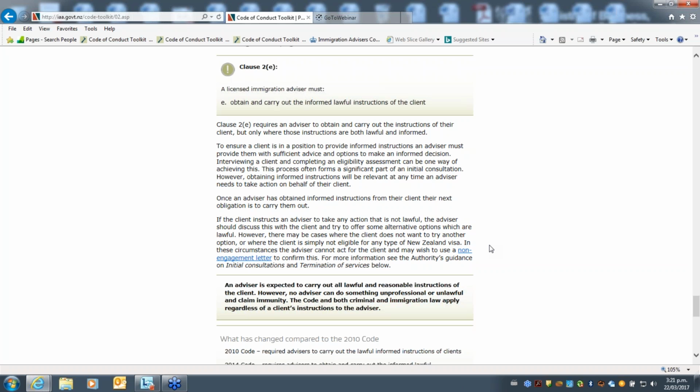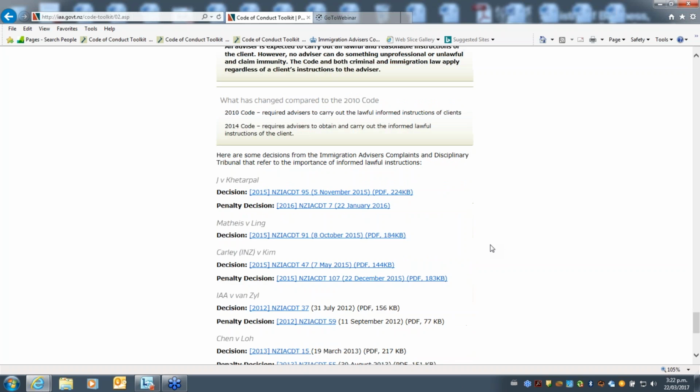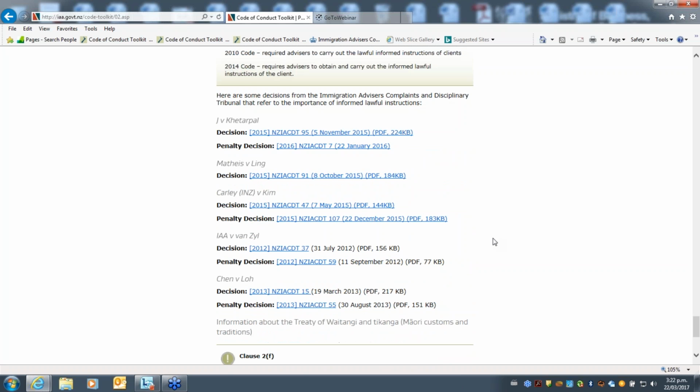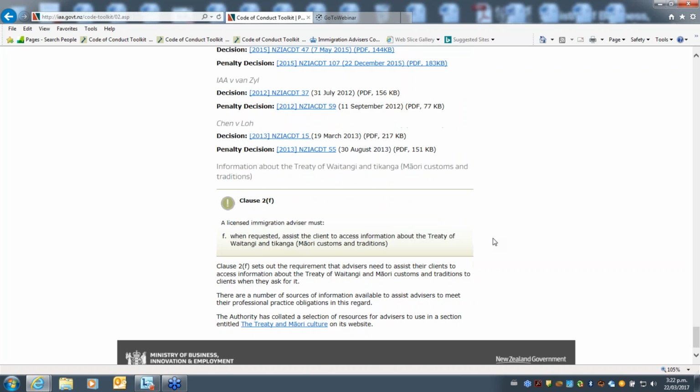For example, if a visa application is declined, what they do next, you need to get the instructions of the client, and you need to keep that recorded in writing. And then the advisor is responsible for carrying out those instructions. So that comes down to doing what you've committed to doing. And again, we've got a number of decisions there that you may wish to go back to and read.